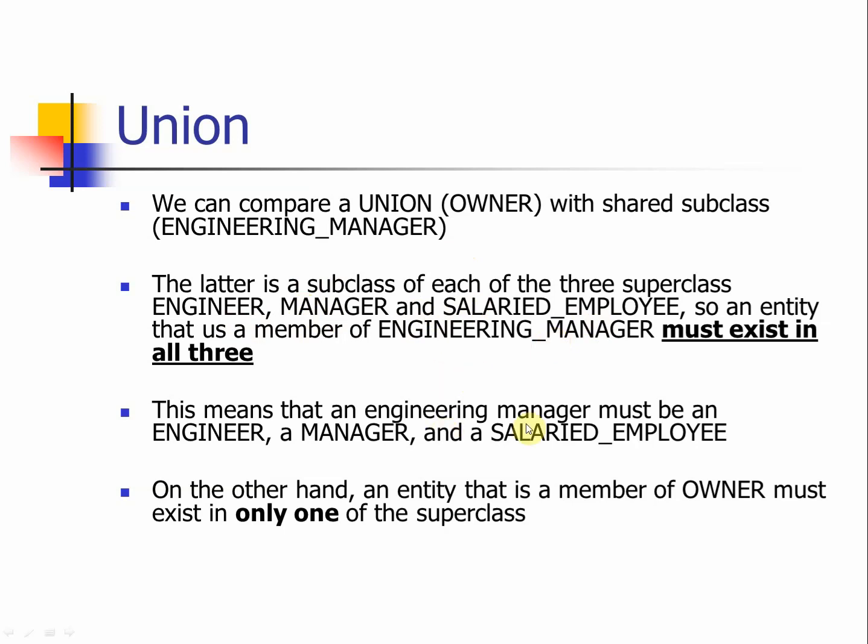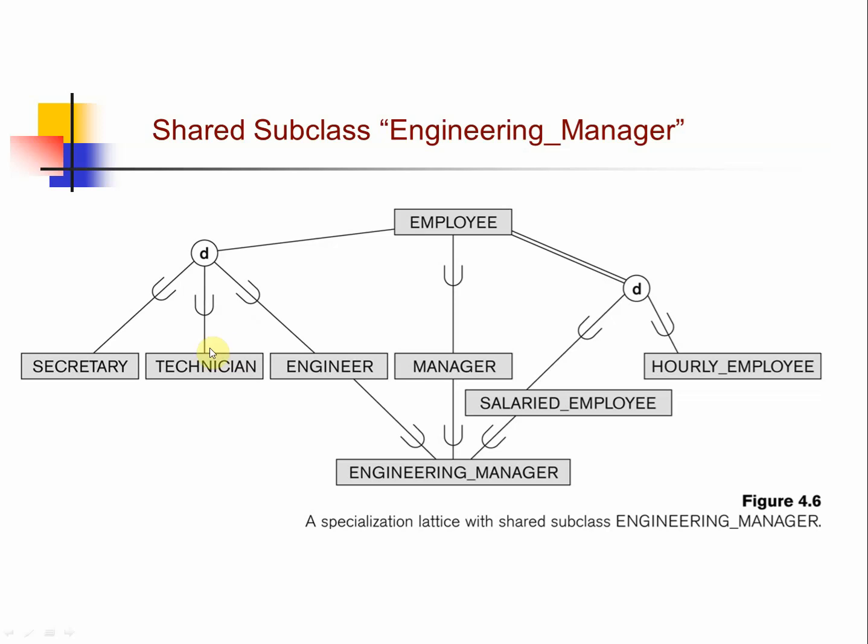This means that an engineer manager must be an engineer as well as a manager as well as a salaried employee. So if we look into this one slide, it talks about the multiple inheritance, which is a shared subclass.